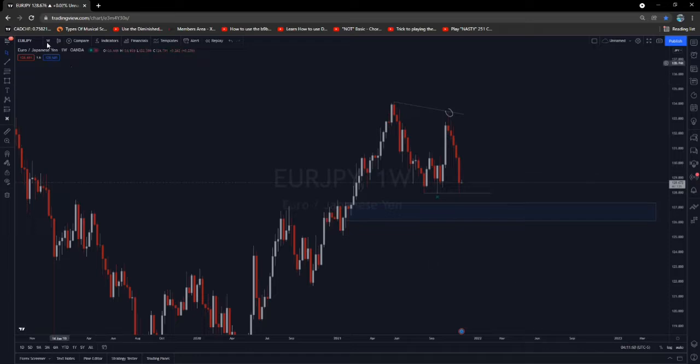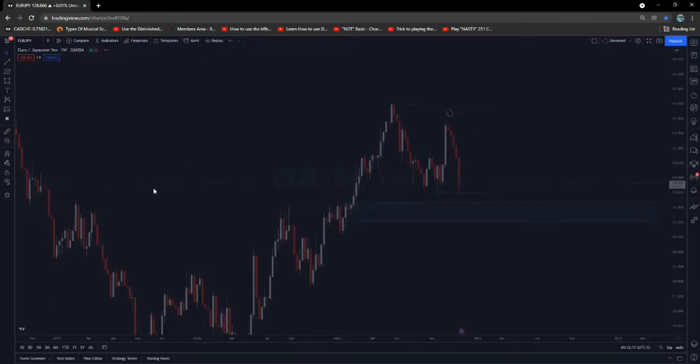So this is an update on EURJPY. We got taken out because we moved our stop loss in profits. We got taken out, tried to look for orders at other demand areas that didn't work out, and now the market is here. So let's go on to a lower time frame.